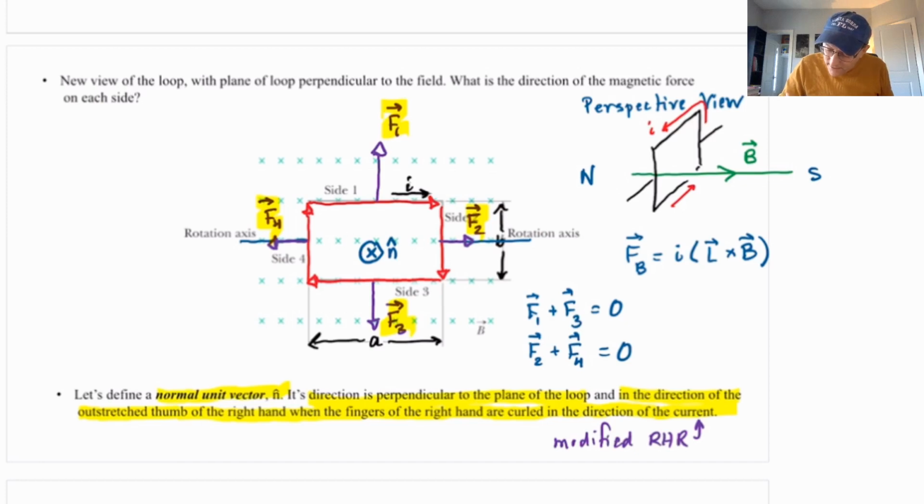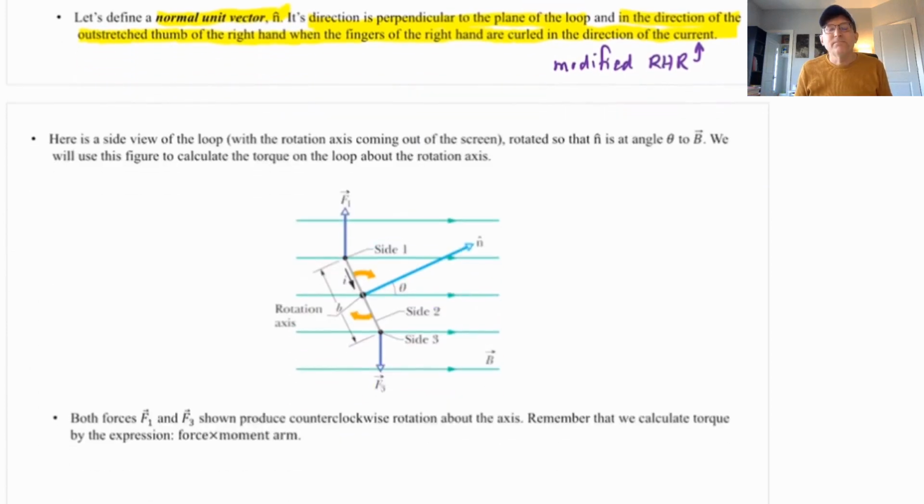My eye is now kind of in the front, looking towards the loop. I call that a side view. And let's let the loop not be straight up and down in the magnetic field, but angled back a little bit. Okay, so now I'm looking from the front, so I'm seeing a side view, and the loop is now angled a little bit. It's not straight up and down. What it would look like then is this.